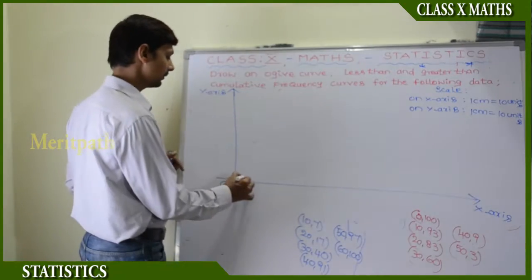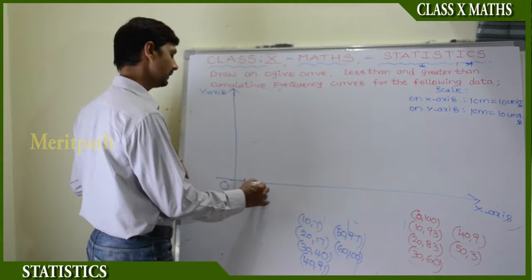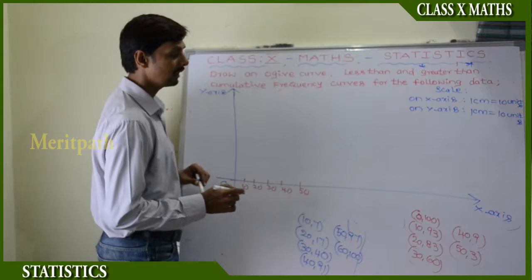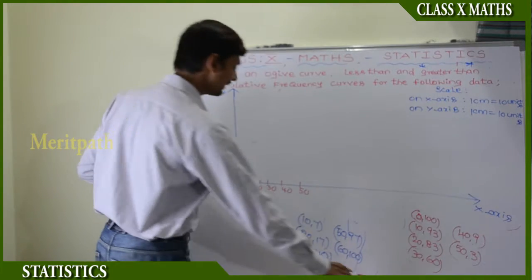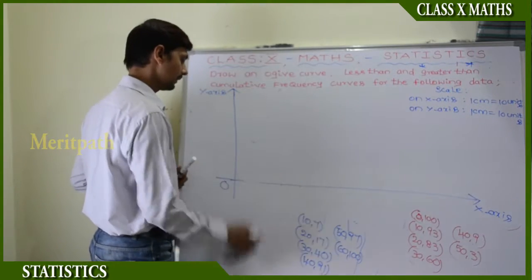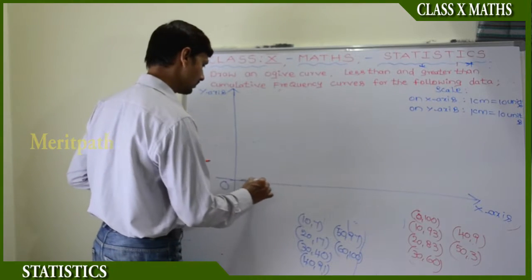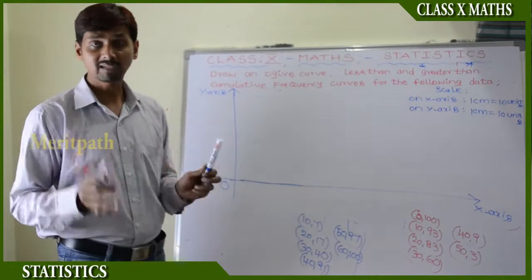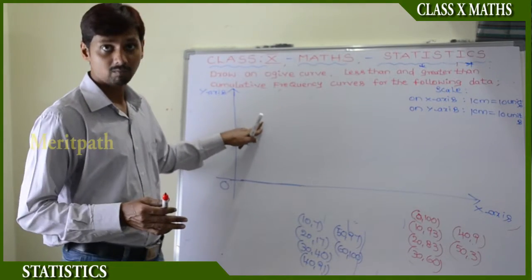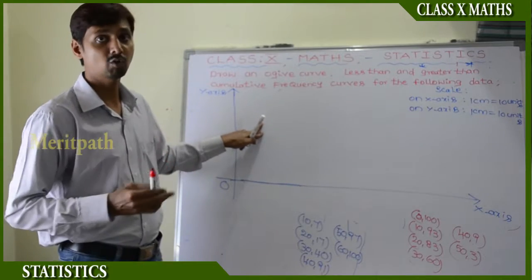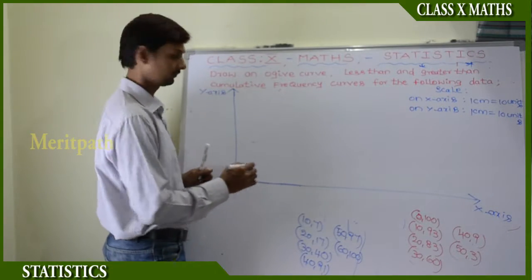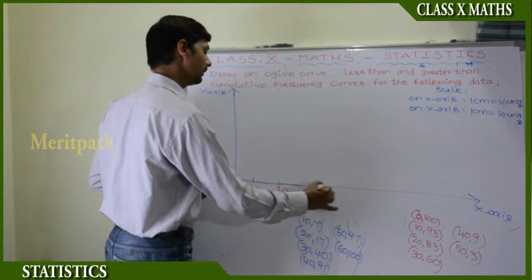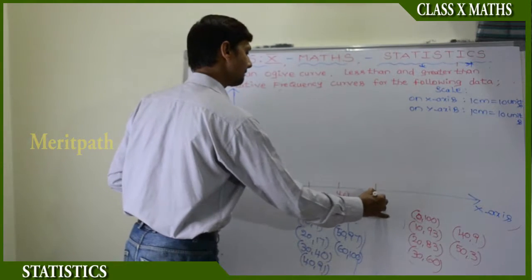So on the x-axis 10, 20, 30, 40, 50, up to 50 on the x-axis. Let's take a little far distance so that we can understand very easily. This is the approximation of the graph. We are taking it on the whiteboard, that's the reason we are taking it approximately. 10, 20, 30, 40 and 50.